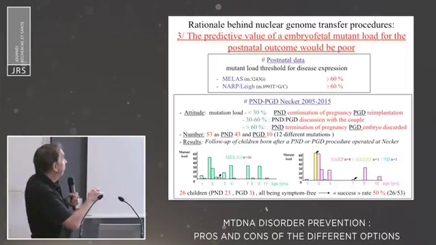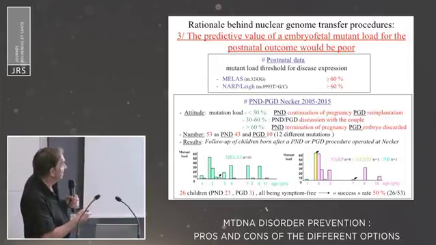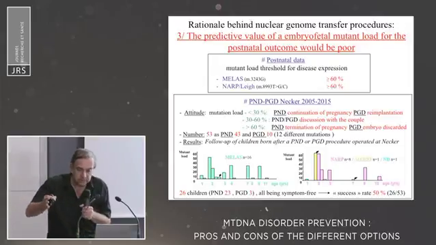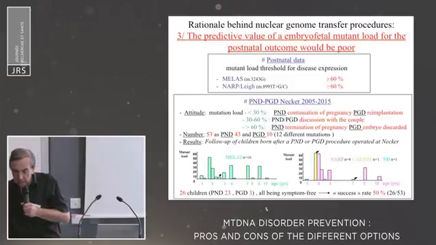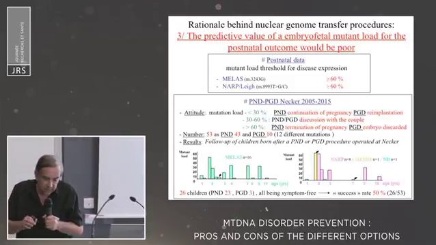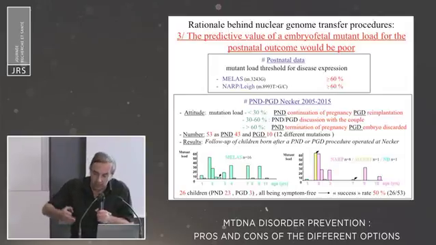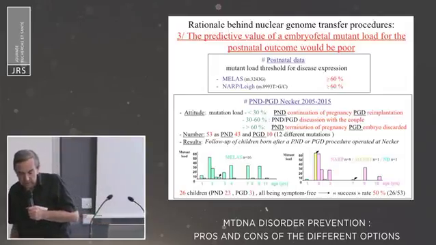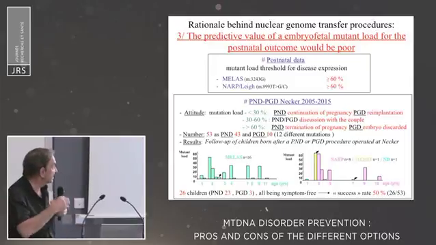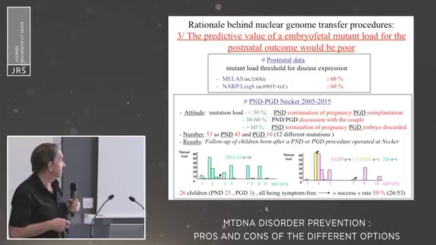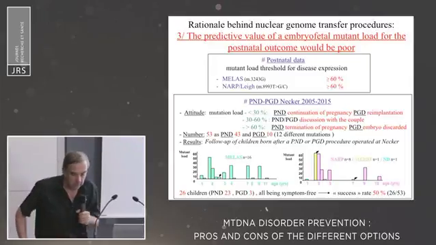For the most common mutations, this threshold is around 60%. When you have a mutation rate below 60%, you're usually healthy, and only when the mutation exceeds 60% are you ill.